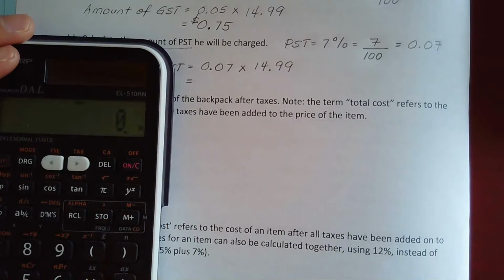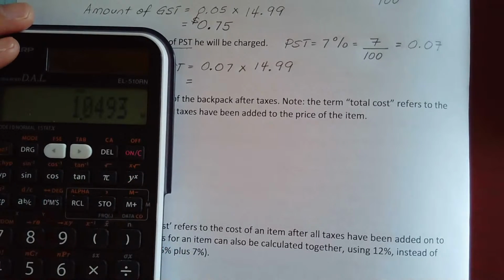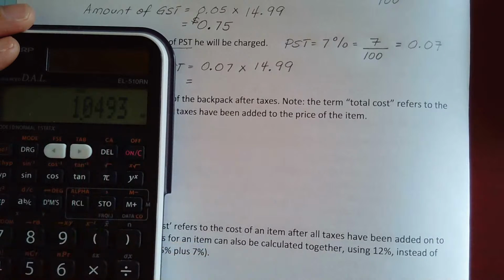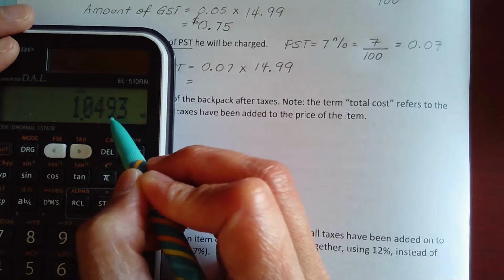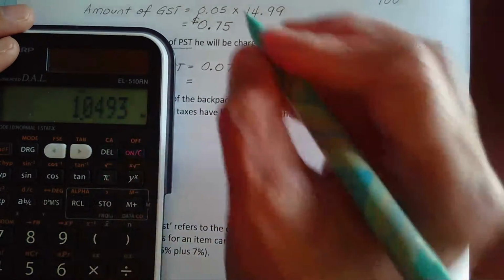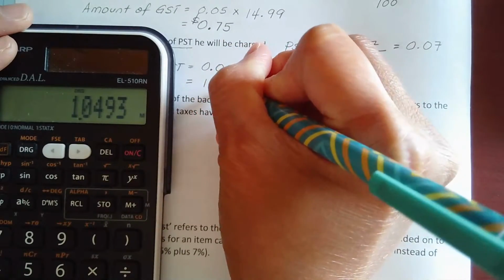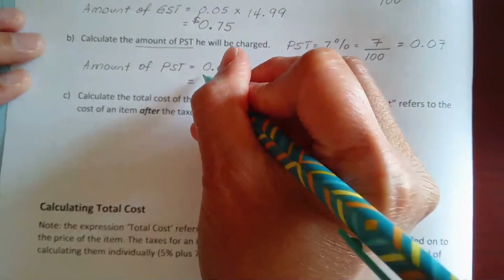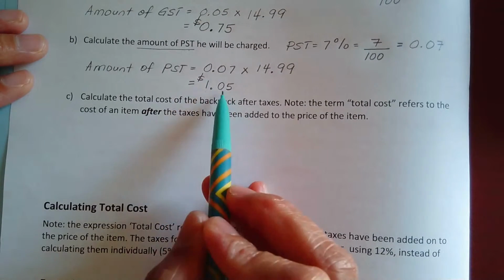Again, we come up with 4 decimals. We need to round it off to 2 decimal places. It becomes 1.05, because the 9 will round the 4 up to the next place value. So it's $1.05.